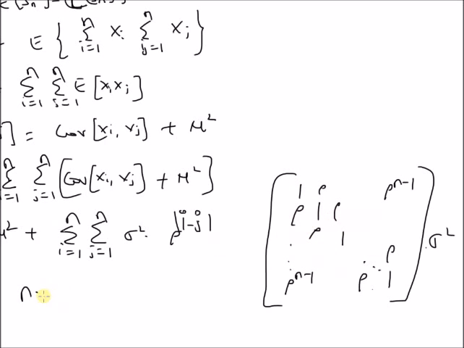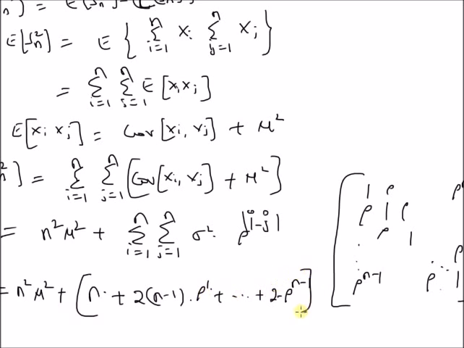That is, we have plus 2 times n minus 1 into rho power 1. And the next one will be 2 times n minus 2 into rho square, and so on, up to the last term, which will be 2 times rho power n minus 1. And this sum will be multiplied with the variance sigma square.